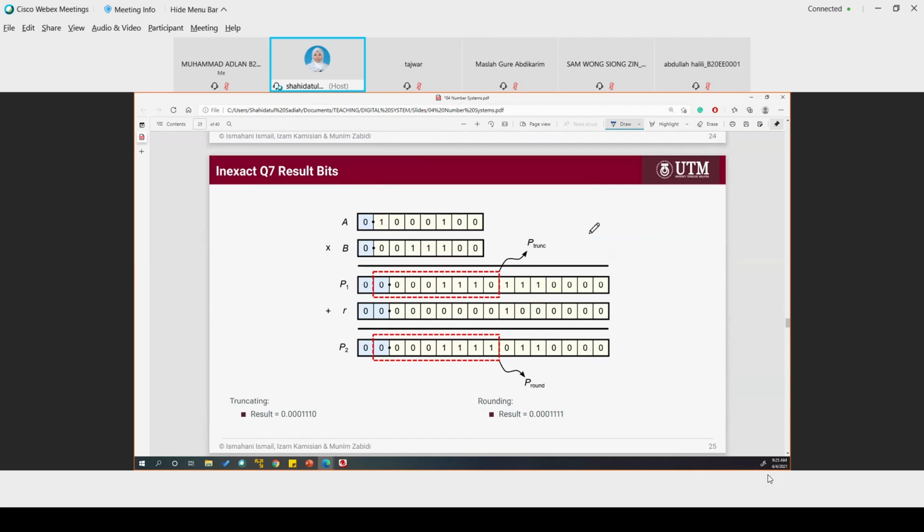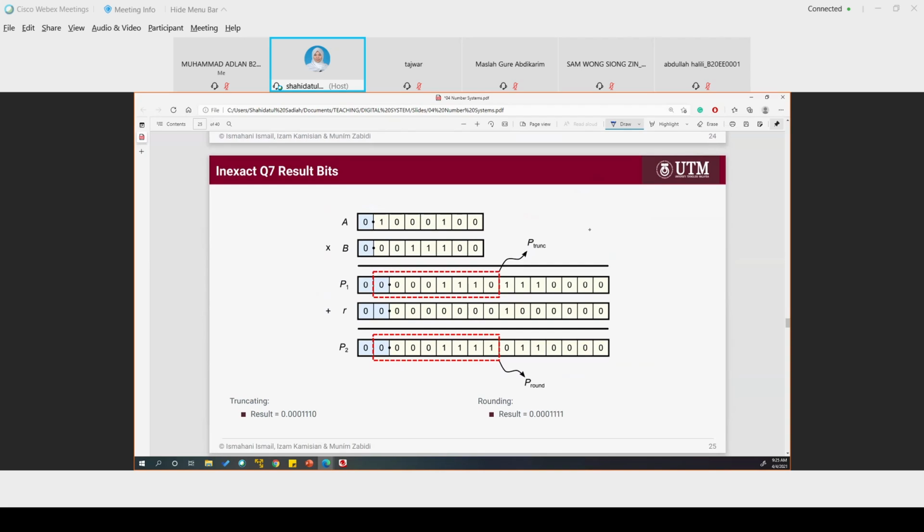But what if our multiplication result is inexact? So multiplication of Q7 by Q7 is inexact. What we can do, we still take bits 7 to 14, we still truncate, but we need to round the fraction here, because we still have values here.